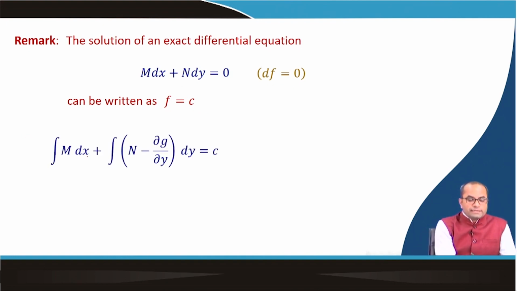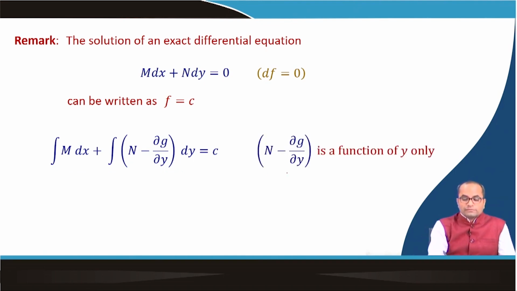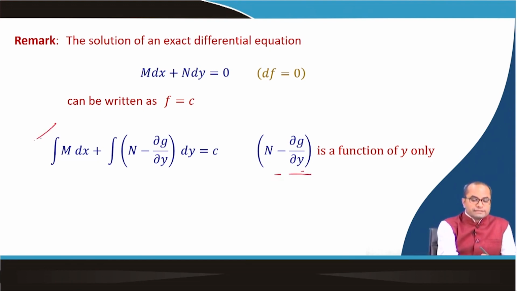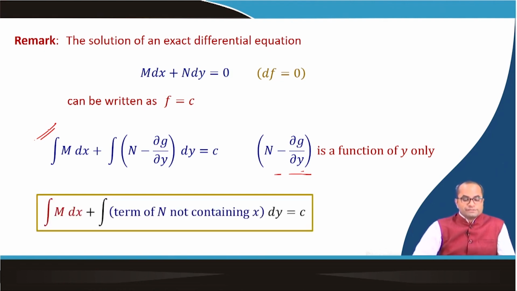Again we note that during the proof of the necessary and sufficient condition, we realized that f was the integral of m dx plus the integral of n minus del g over del y dy, and this term was just a function of y alone. This can give us a direct approach to find the solution of the given differential equation, because m and n are given.